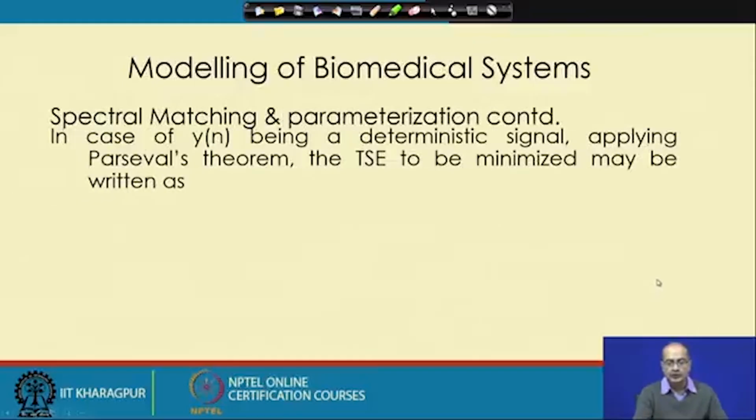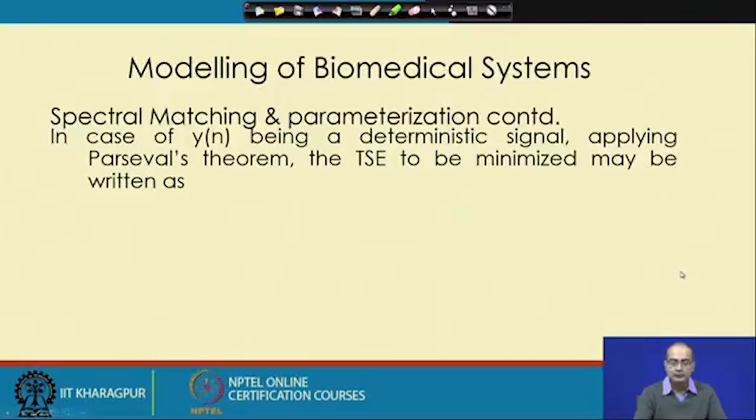Now, y[n], we have actually captured that signal, that output. If we treat that as a deterministic signal, because we have just one set in hand, even if it is a stochastic signal or a stochastic process, we do not have multiple sets of y[n].